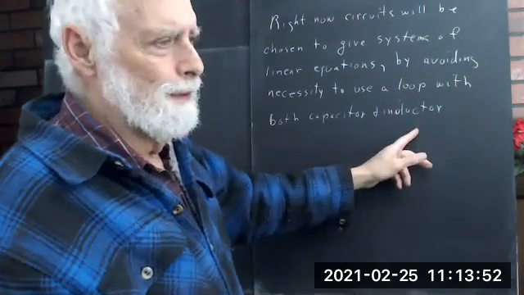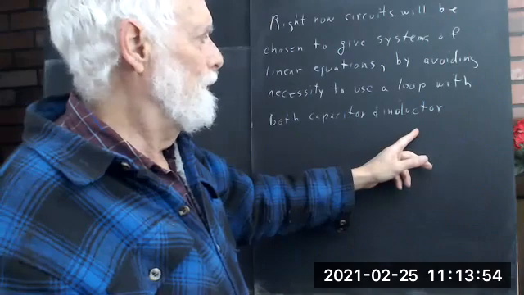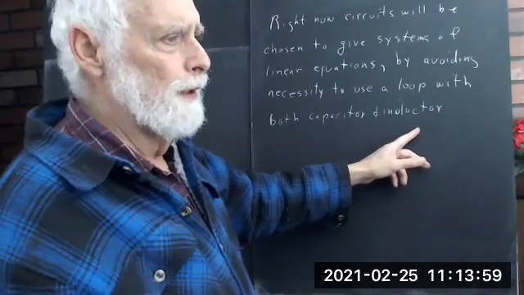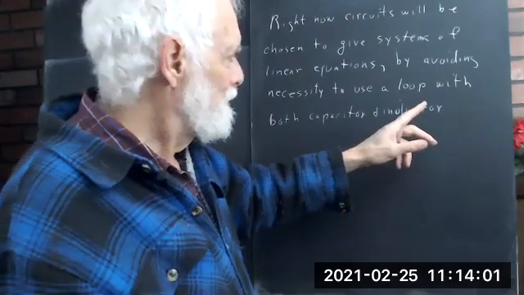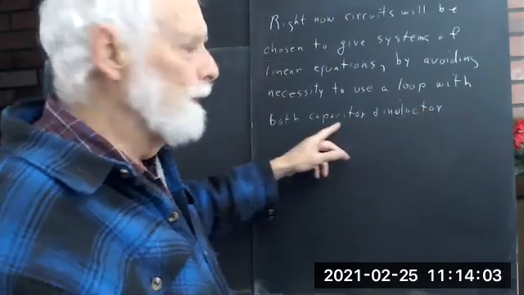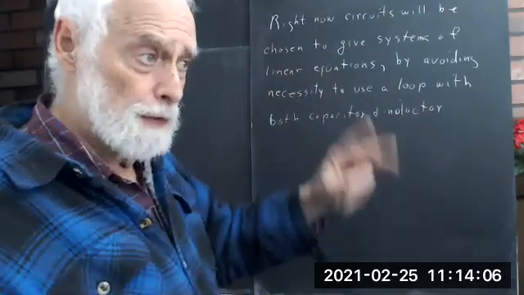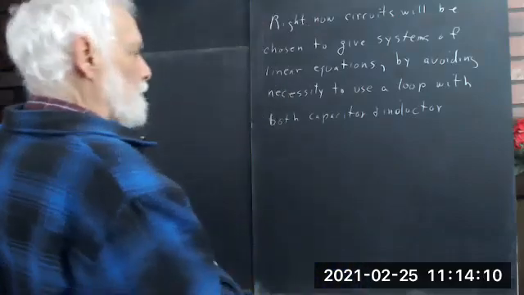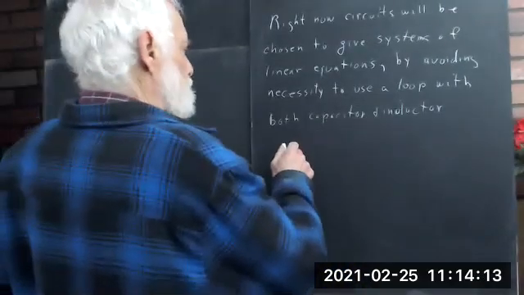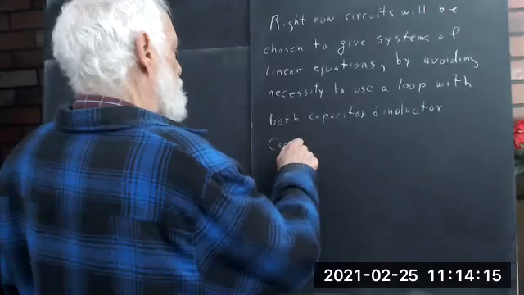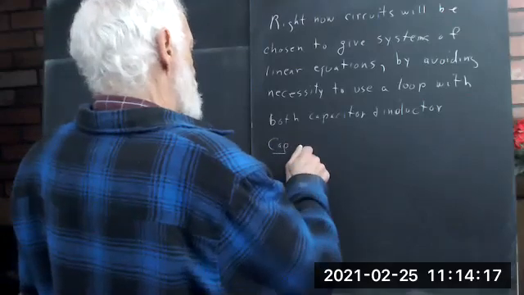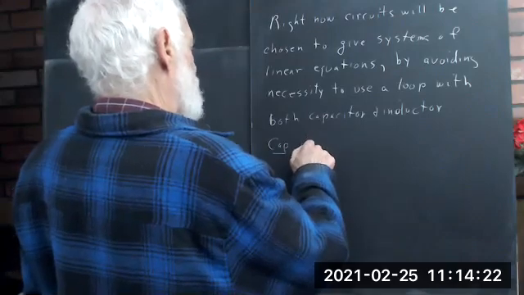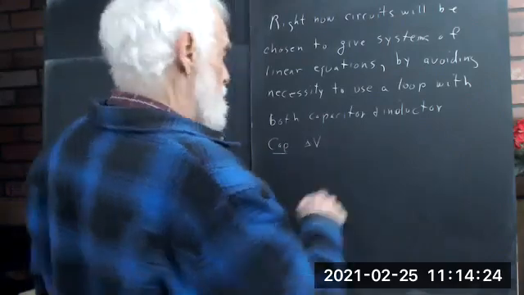So the inductor responding to the rate of change of the current is going to respond to the second derivative of the charge, and that would give you a second order equation. Okay, so the capacitor is a voltage drop. I'll just say delta V for voltage drop.